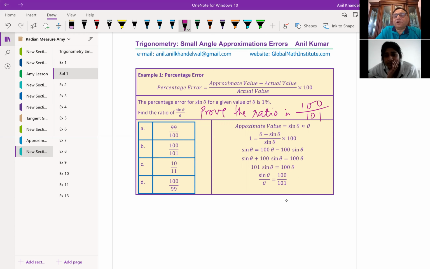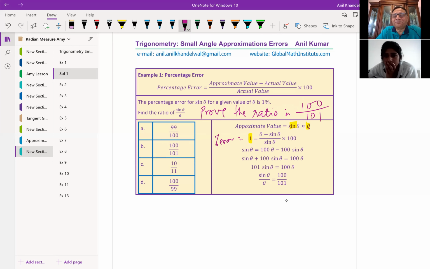That is how you'll calculate. You say, well, the approximate value of sine theta is theta, right? Now, if I say 1% error, which is percentage error, so I'm writing percentage error on this side. We say percentage error is 1%. That means I calculated the value of theta minus sine theta divided by sine theta times 100. That becomes a general equation.